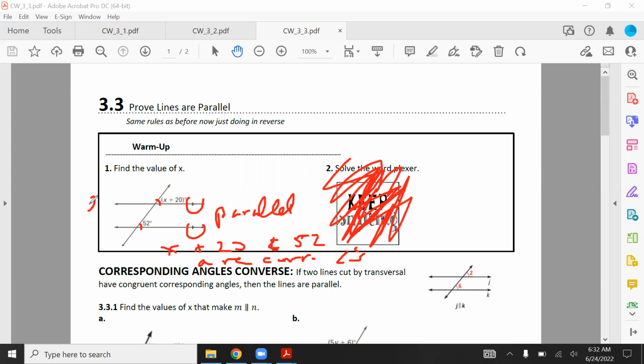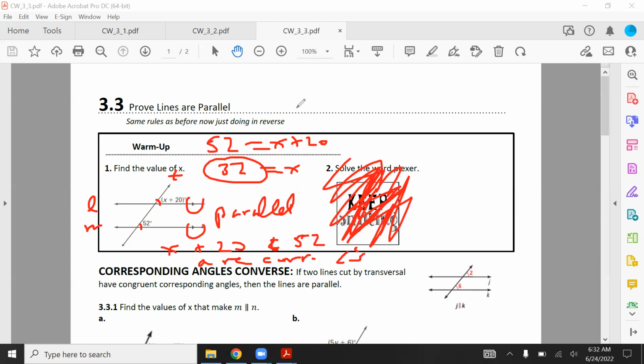If I call these line L, line M and line T, the angle between L and T is the same as between T and M. That happens when L and M are parallel. So 52 equals x plus 20. Of course, x is just 32.